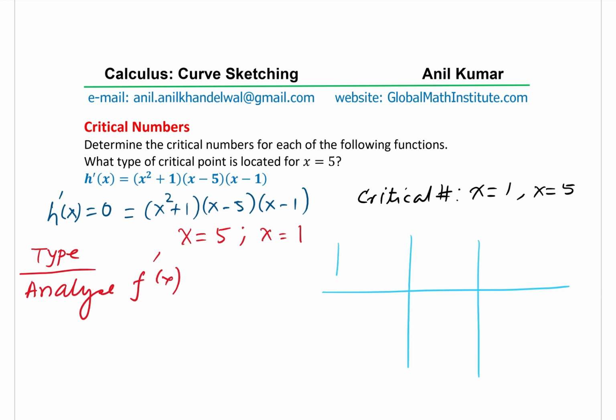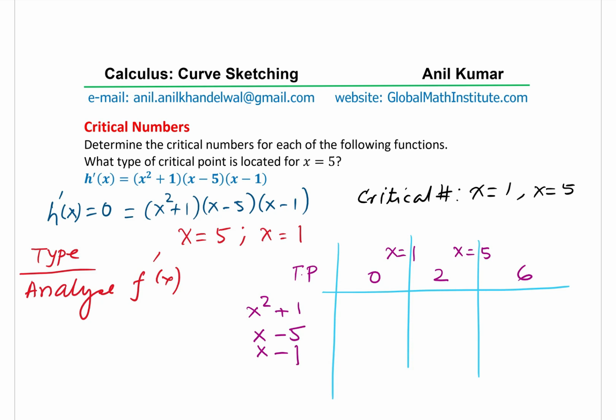These two critical numbers are going to divide our number line into three parts, at x equals 1 and x equals 5. We can take a test point. Let me write down the test points here. Test points could be 0, 2, and 6 in the given intervals. The factors for us are x squared plus 1, x minus 5, and x minus 1. When you substitute these values, what do you get?